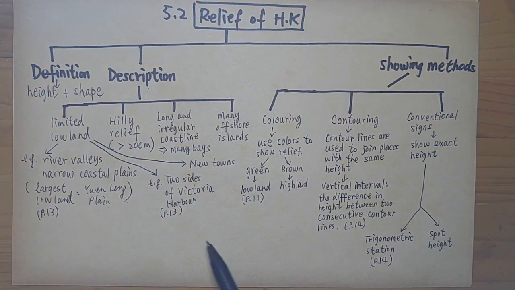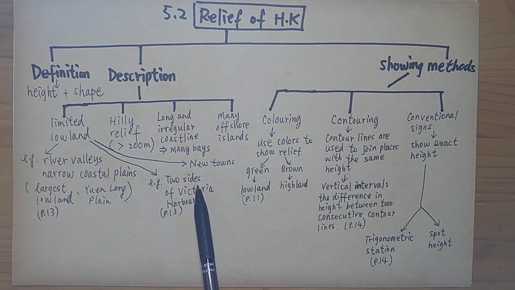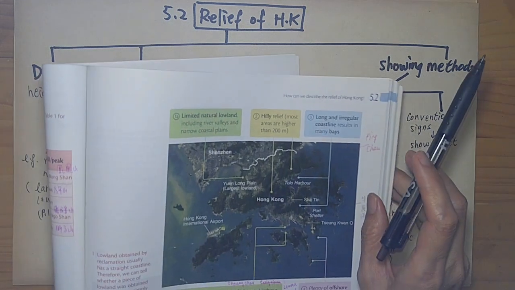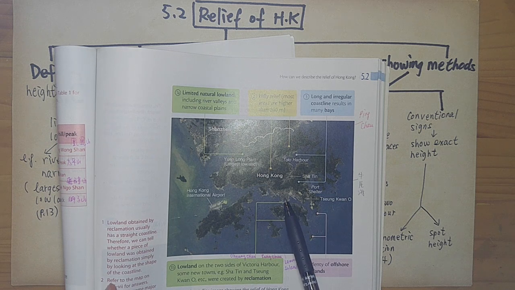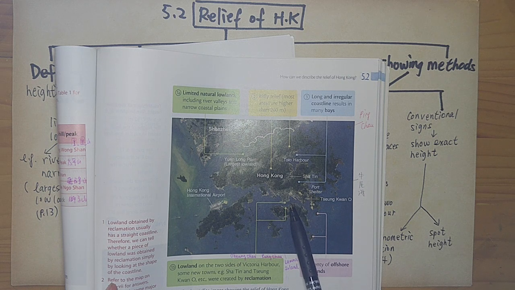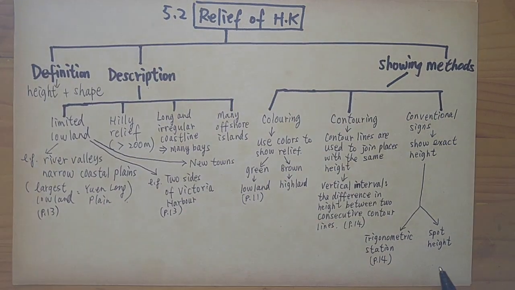And then also beside this one, you can have two sides of Victoria Harbour. So look at this map again. So this is Victoria Harbour here, and then you can have the coast here. So you have just a narrow coastal plain you can find along the Victoria Harbour, right?